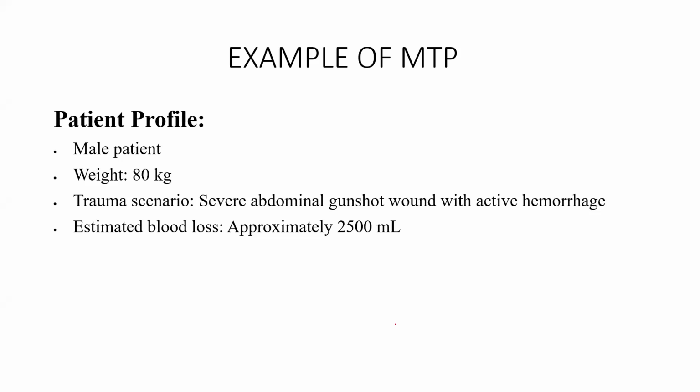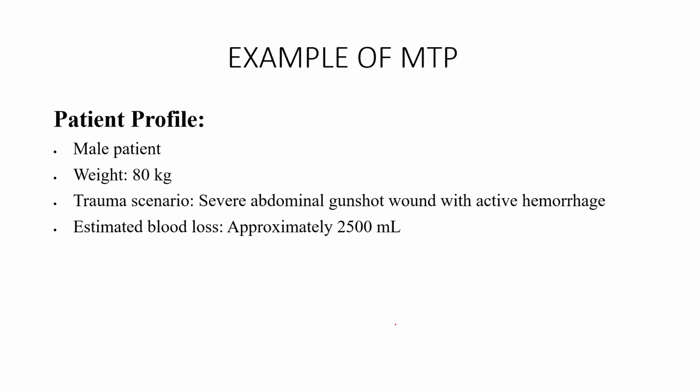So consider a patient who is a male, weighs around 80 kgs and has a severe gunshot abdominal wound with active hemorrhage going on. His estimated blood loss was roughly around 2,500 ml or 2.5 liters. So, by this definition, he falls under class 4 hemorrhagic shock, correct?